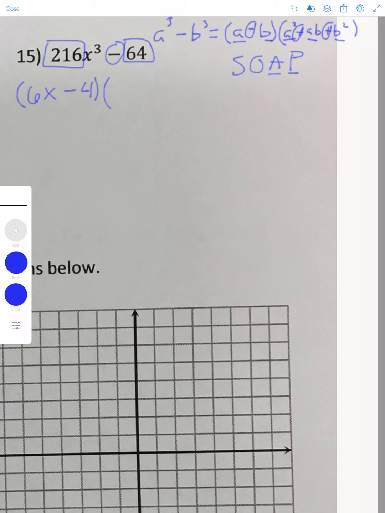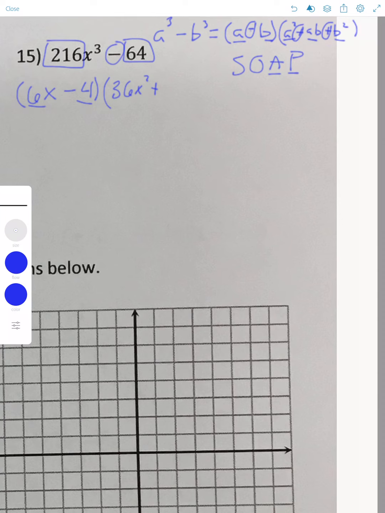Now, how do I find the first term? Well, I square it. I'm going to just take this first term and square it. So what is 6x times 6x? That's 36x squared. Now think about SOAP. We have our same sign and then opposite sign. And how would I find what comes after that? I multiply these two terms together. So multiply 6x times 4.